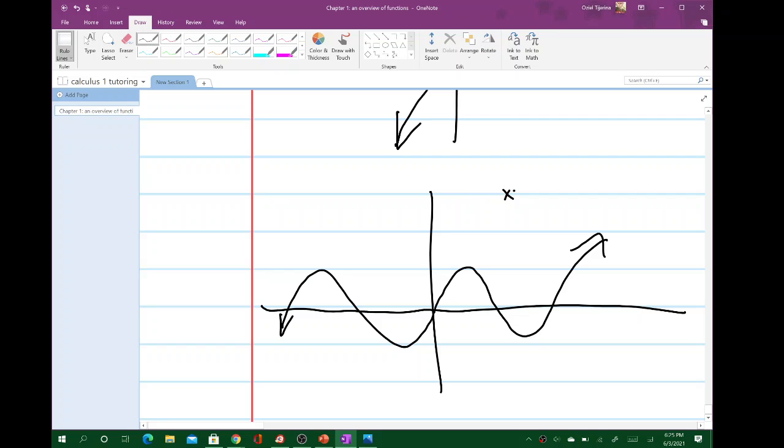This one is f of x equals sine of x, even though I know it's not perfect. Let me go ahead and try to actually graph it very quickly. So let's see, sine of x, because I do know how it looks, obviously. Okay, yeah, I mean, it's pretty accurate.